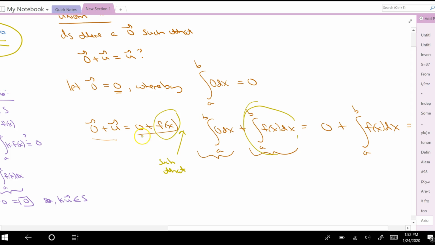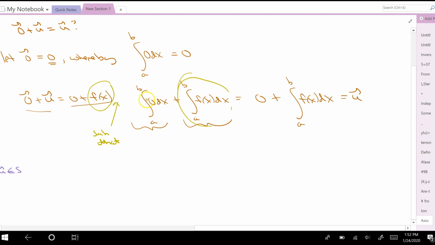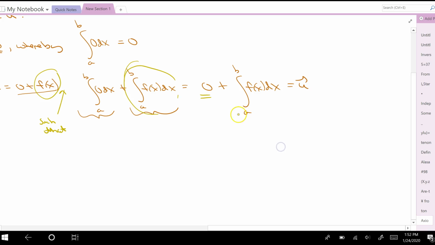Okay. 0 plus f of x such that, right? 0, the definite integral from a to b of 0 dx plus the definite integral from a to b of f of x dx, this will just equal 0, right? Plus the definite integral from a to b of f of x dx, where f of x was defined as u.